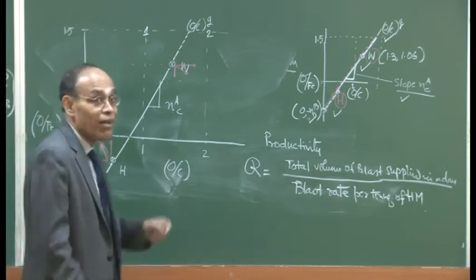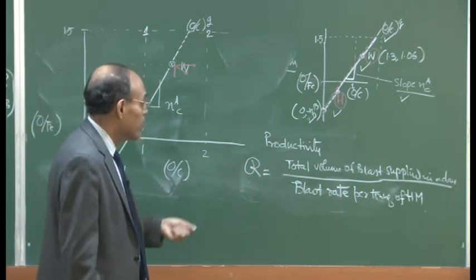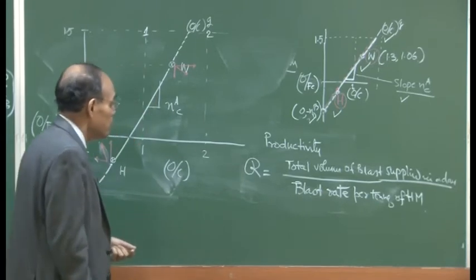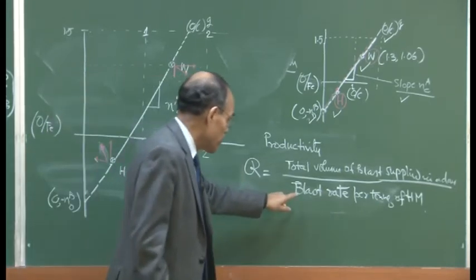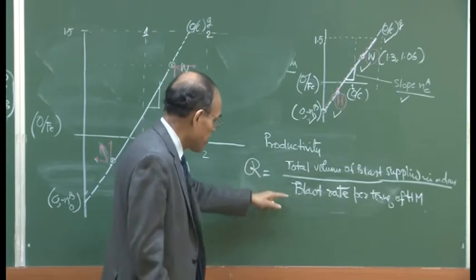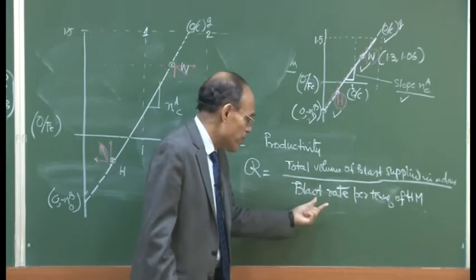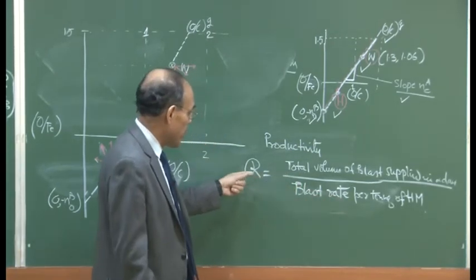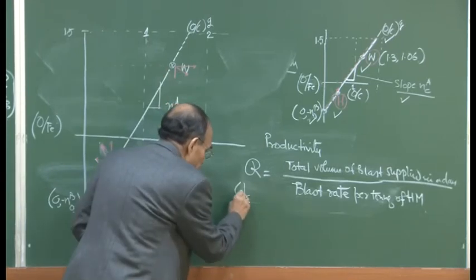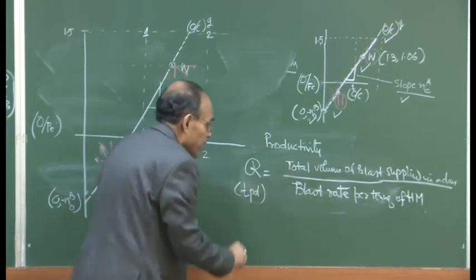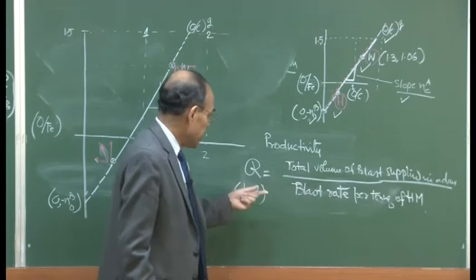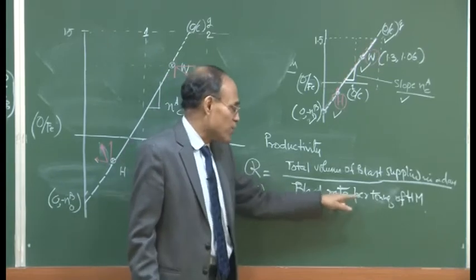So let me quickly revise your memory. Revisit this issue that we have discussed earlier, that the rate of production, which is tons per day, TPD, can be increased by decreasing the blast rate.